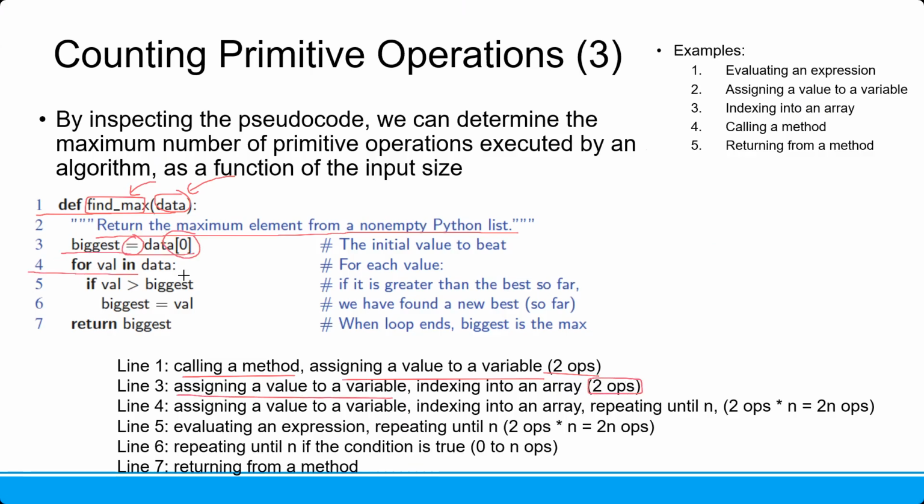Line 4, we are doing a loop. So the loop here is based on the data. In the data, we have an array, and the data is what you see before.